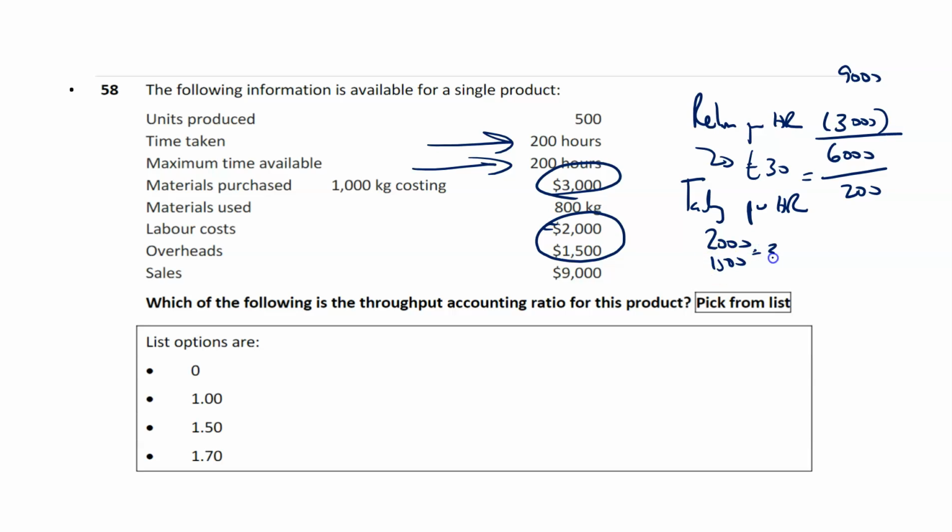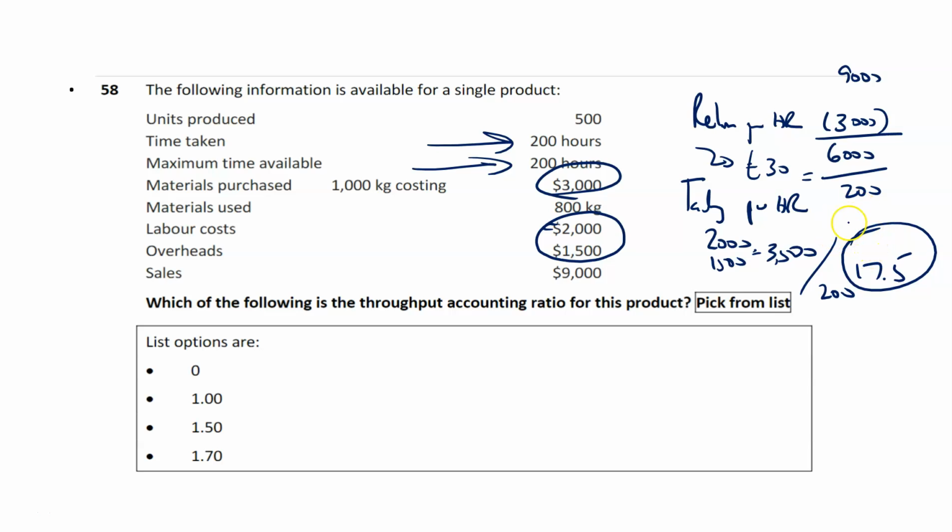Plus 1,500, that's 3,500. Divide that 3,500 by the total number of hours, which is 200 hours again. 3,500 divided by 200 is 17.5.